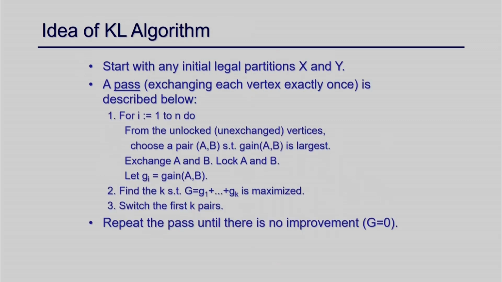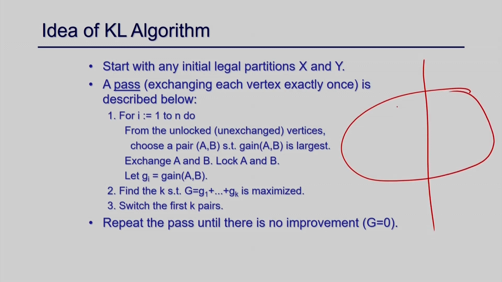So, the idea is, you start with the initial cut, an arbitrary cut of the circuit that may be high. Then there are n nodes here and n nodes here, and you find out all possible pairs. So, there might be n square pairs. Suppose there are 3 nodes here, A, B and C, and 1, 2 and 3 here.